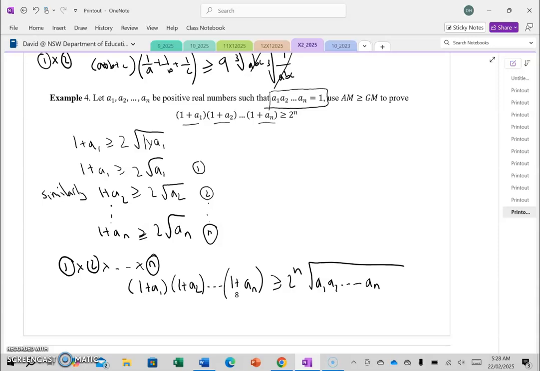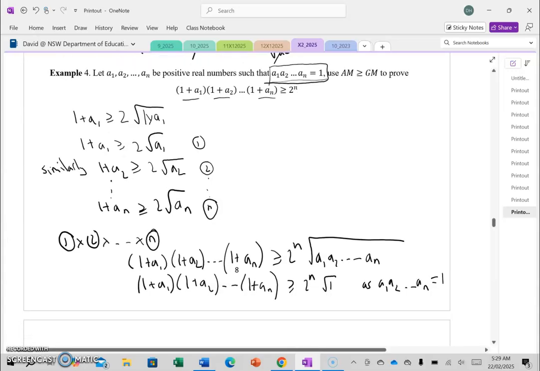And we know that the product is equal to 1, so therefore this equals 1. And then you can see we've got the result.